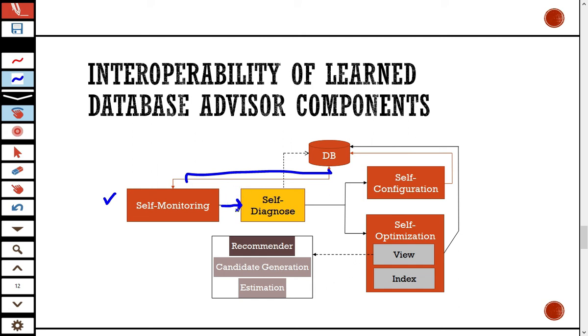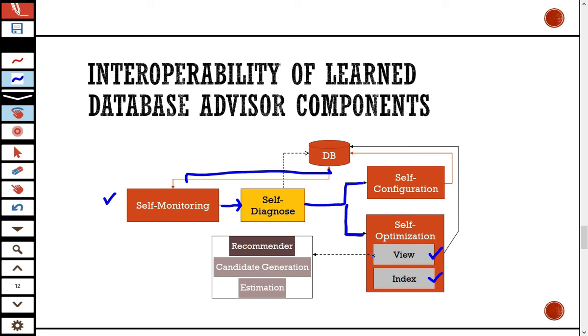And this component will identify the root cause of the anomaly and will try to address and fix that particular anomaly by invoking either the self-configuration component to tune up the metrics of the database or the self-optimization component to optimize the view or the indices of the schema.